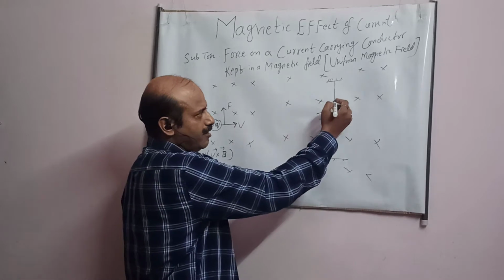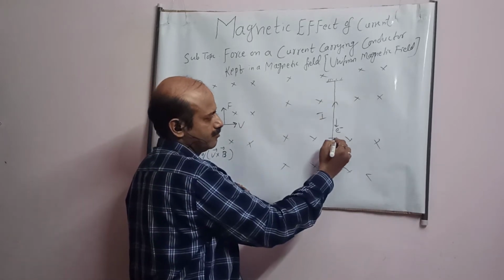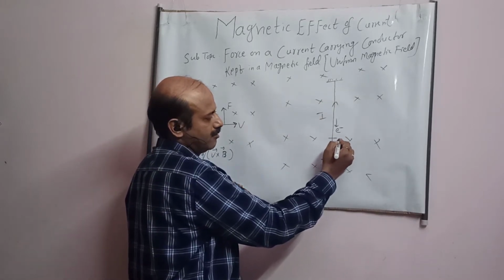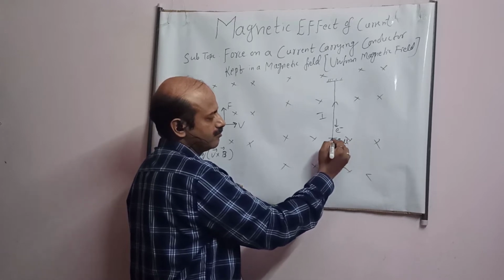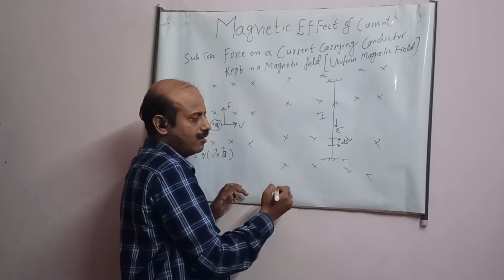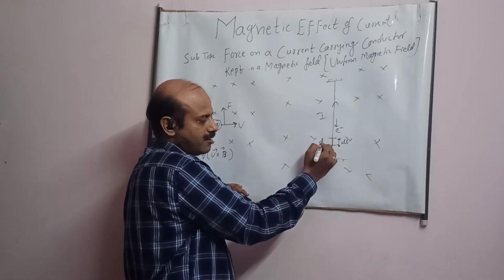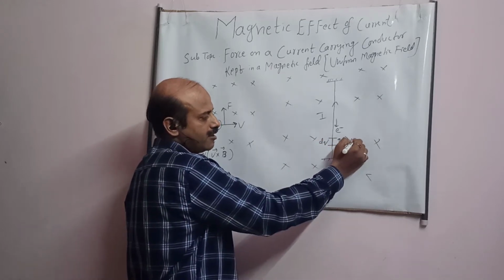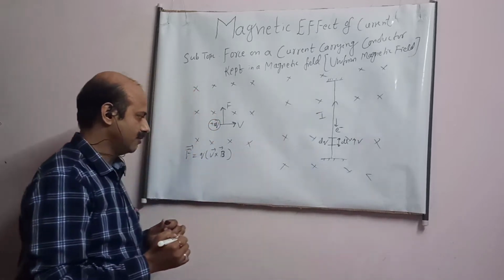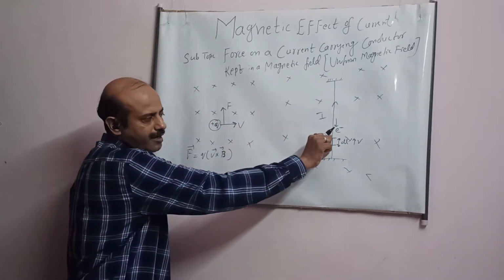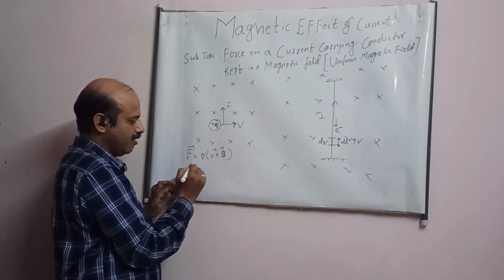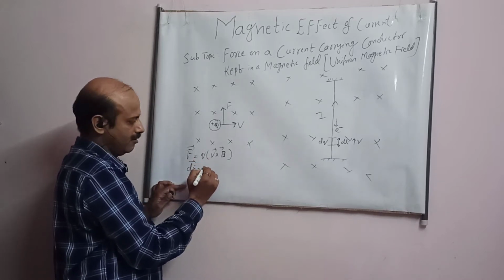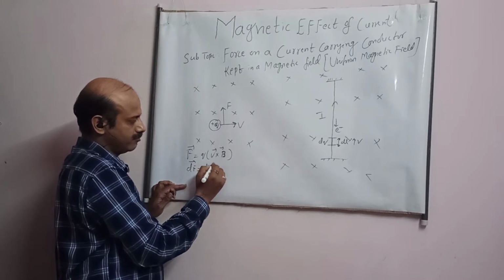I will take an elementary length dl, student. And suppose in this length charge dq is flowing and the velocity is v. For the small force acting on this element, I will apply this formula, dq.